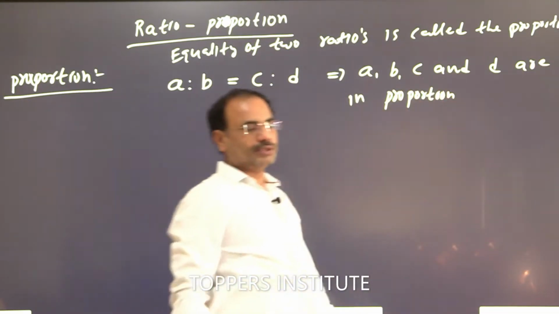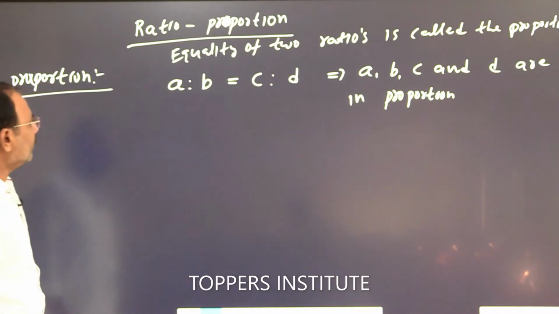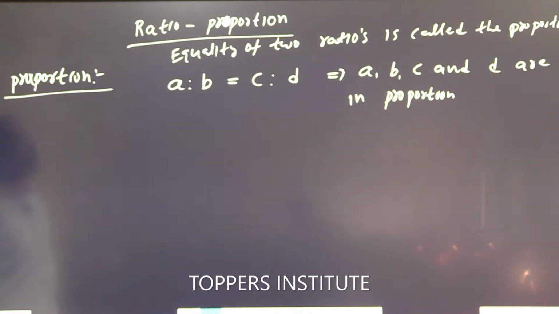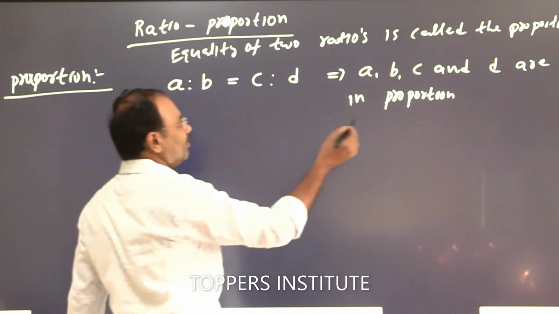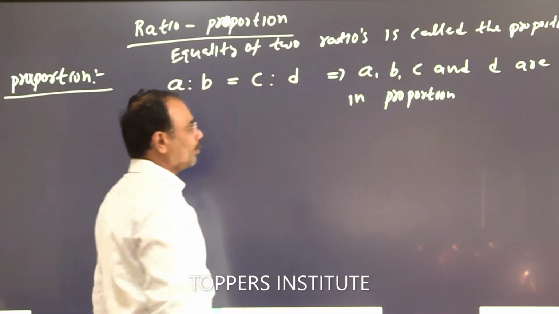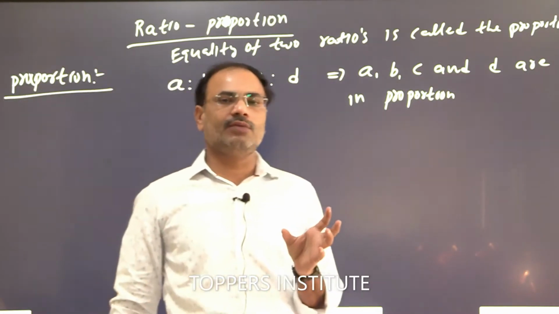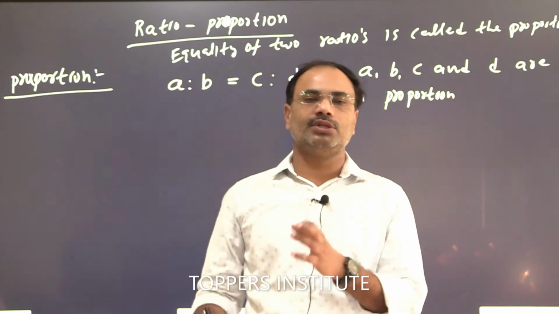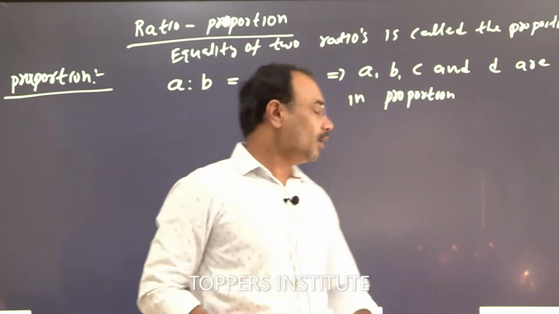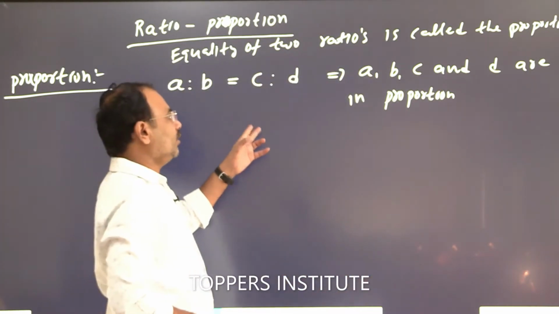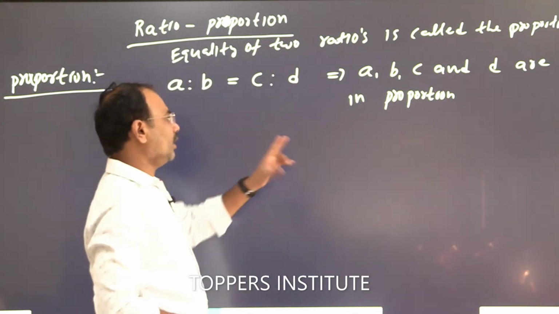If we have two ratios A is to B and C is to D, and if these two ratios are equal, then you can say A, B, C and D are in proportion. So simply, we have two ratios, and if those two ratios are equal, then you can say the two ratios are in proportion. Here A is to B is equal to C is to D, then you can say A, B, C and D are in proportion.